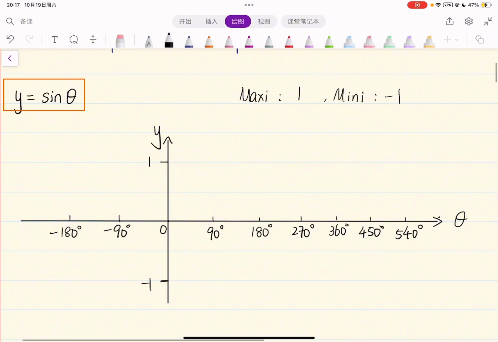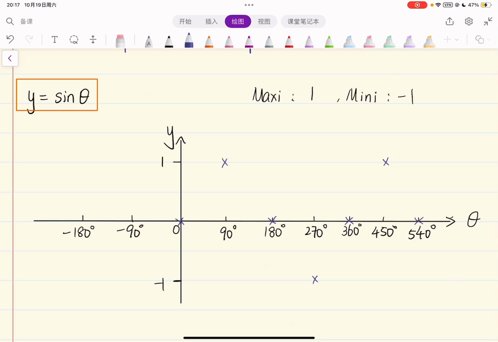Sine 0 equals 0. Sine 90 equals 1. Sine 180 equals 0. Sine 270 equals minus 1. You can type these values into the calculator, and for 360 it's 0, 450 is 1, and 540 is 0.